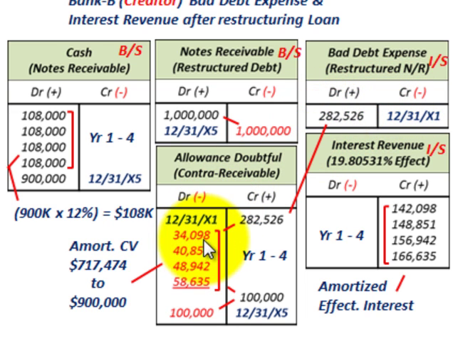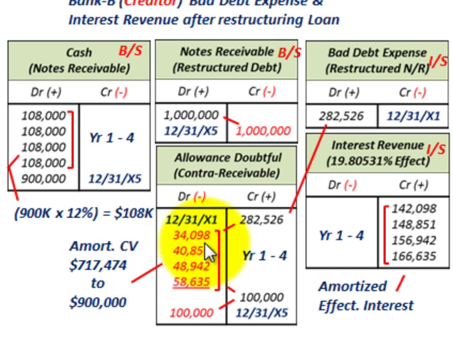Okay, and then off of your amortization table, first off with our cash account, we would have increased that by those cash payments, $108,000 each year over those 4 years. That was $900,000 times 12%. And then over in this allowance account, our doubtful accounts, that is where we amortize our carrying value from $717,474 up to the maturity value of $900,000.